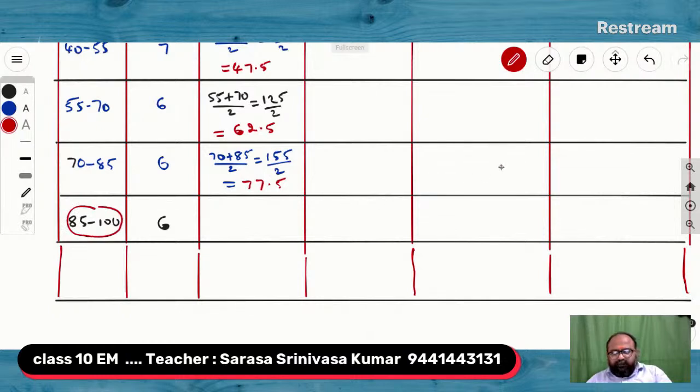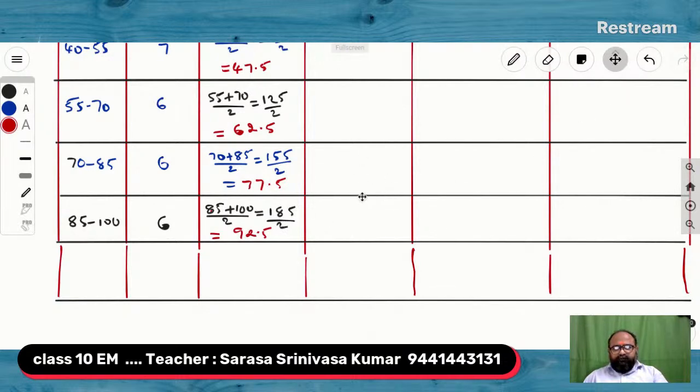For this class interval, we find the class mark using the formula (upper limit plus lower limit) by 2. 85 plus 100 by 2, that equals 185 by 2. This is equal to 92.5.